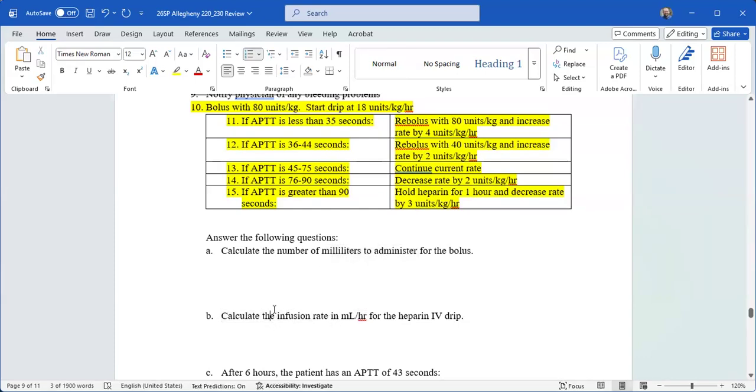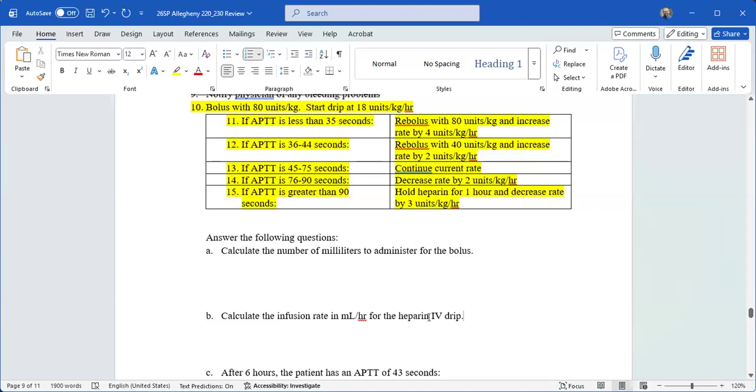Don't worry about part C just yet, but on your test, you're going to see A and B. That's how it's going to be written out. I doubt you're going to see C, but we'll work through it. That way you can at least get an example of what that looks like. So they want you to calculate a bolus and they want you to calculate an infusion rate.